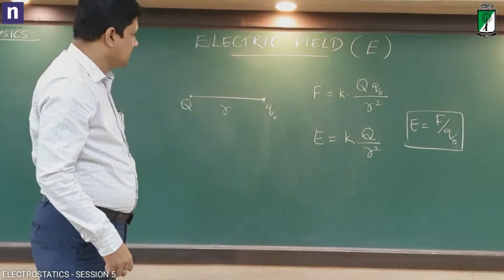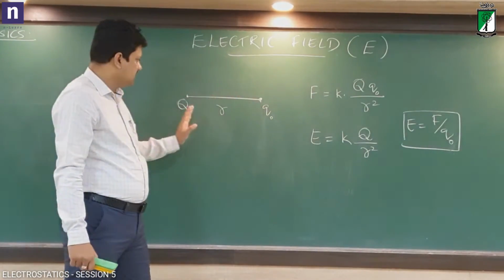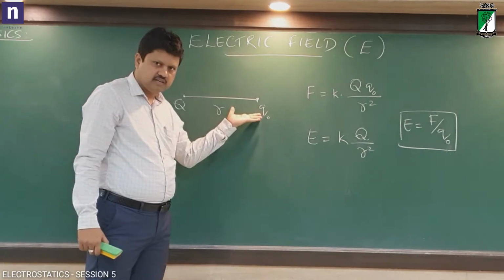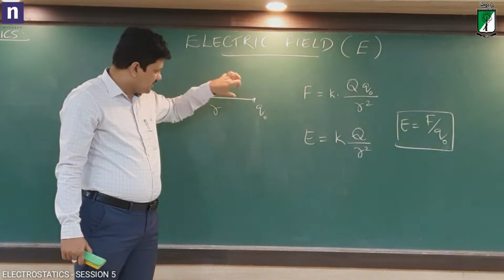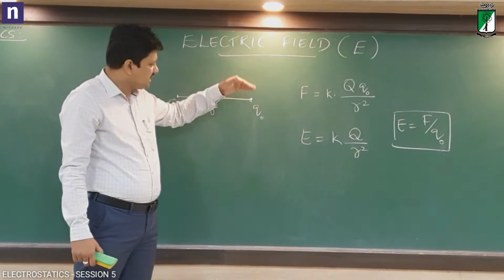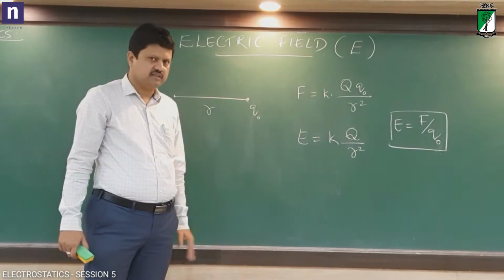So what do you understand from this? It's very simple. If you want to find the field at some point in a region, then place a test charge there. On that test charge, whatever force acts, that force per test charge is called electric field strength, or just electric field.